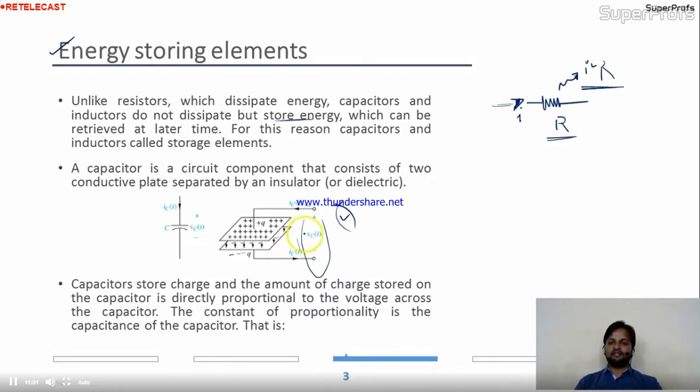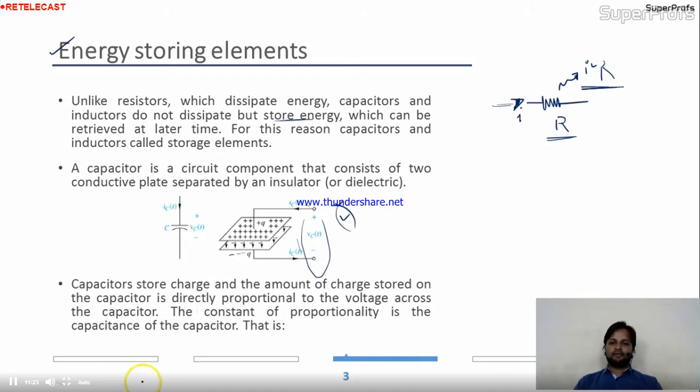So this is nothing but the capacitor. We'll see in detail. The capacitor stores charge, and the amount of charge stored in the capacitor is directly proportional to the voltage across the capacitor. It means if voltage is high, the stored charge will obviously be high.